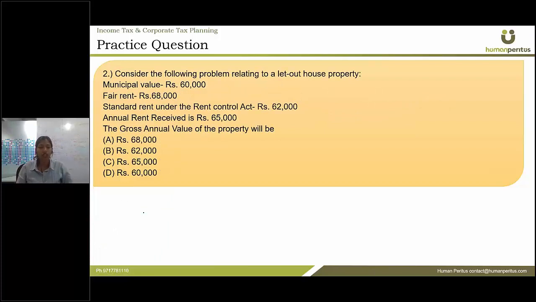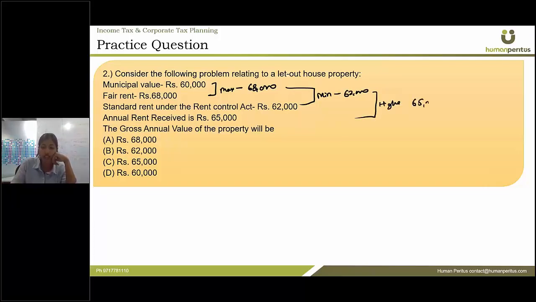Again, similarly, you have to calculate the gross annual value. So what is the answer in this case? Again, first maximum of both, which is 68,000. Then we compare it with standard rent, minimum, which is 62,000. Then we compare it with actual rent, the higher value, which is 65,000.